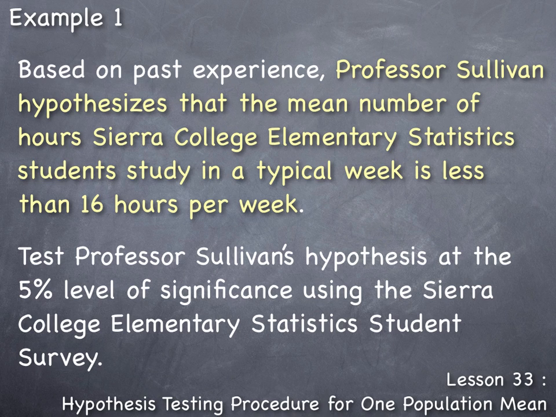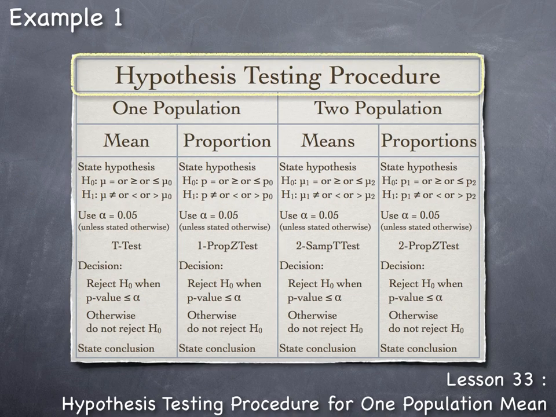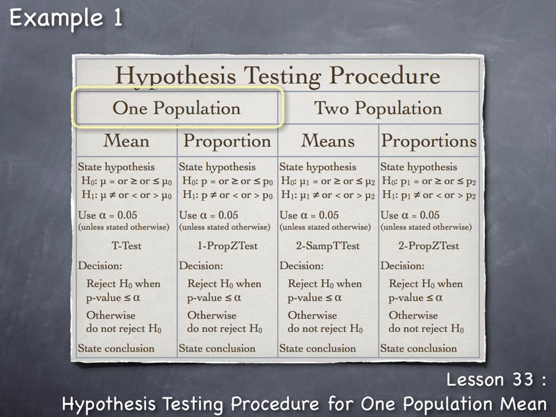And Sierra College elementary statistics students is just one population. So we just have our one population mean mu hypothesized to be less than 16 hours in a typical week. This can be expressed statistically as mu less than 16. So we'll be conducting a hypothesis test procedure for one population mean.